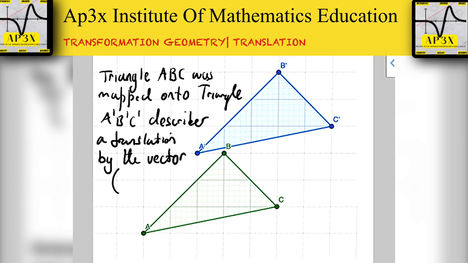Now, in order for you to state the vector, remember that when a translation occurs, the vector that moves C to C prime must also be the same vector that moves B to B prime, and that must also be the same vector that moves A to A prime.